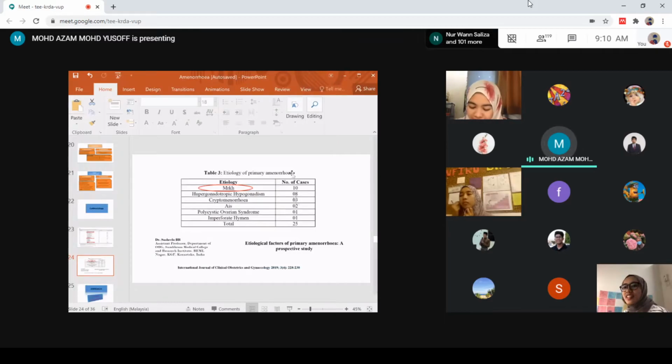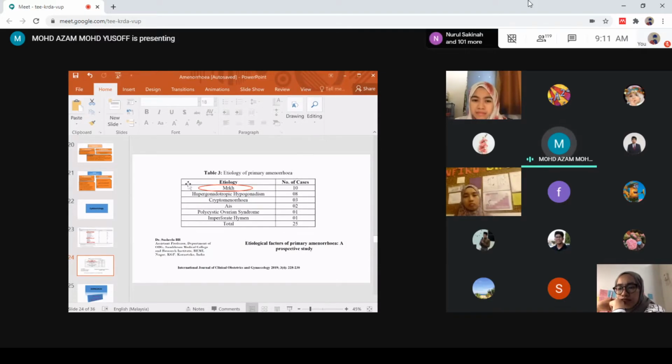This is the other study. It's also the same. MRKH is very common. But having said that, in the literature, in textbooks, they said the commonest cause of primary amenorrhea is not MRKH.